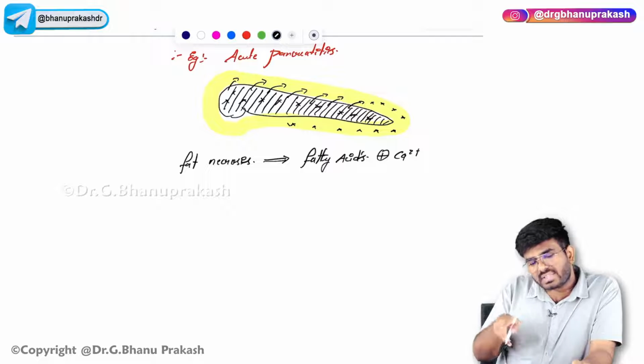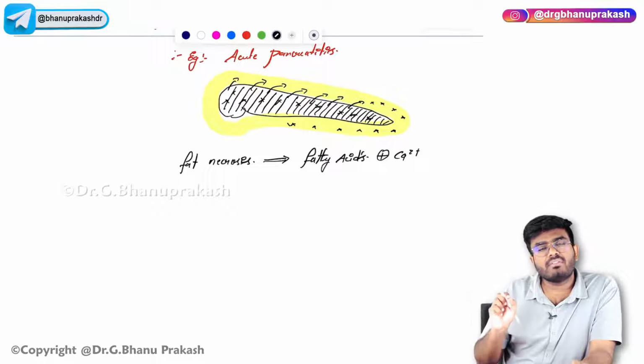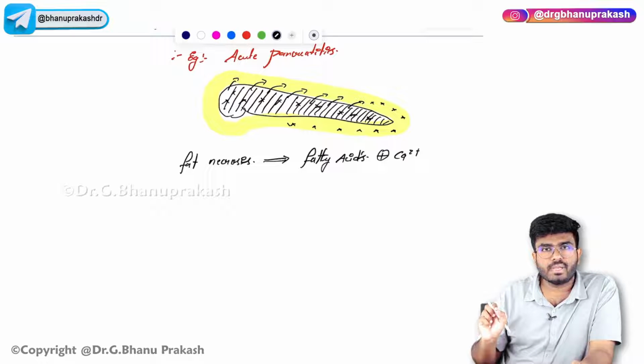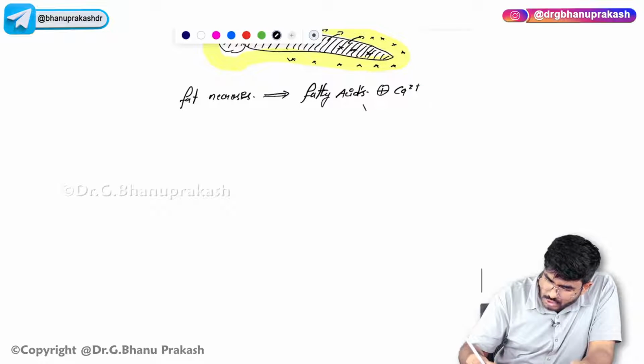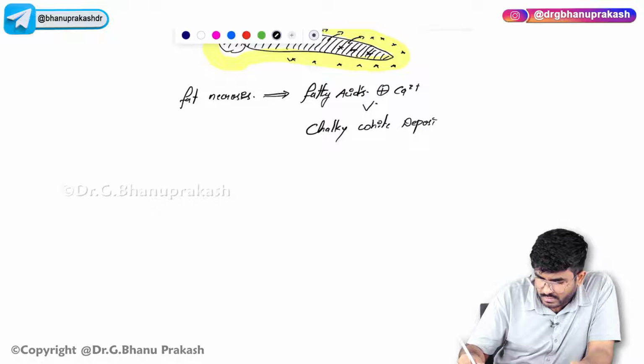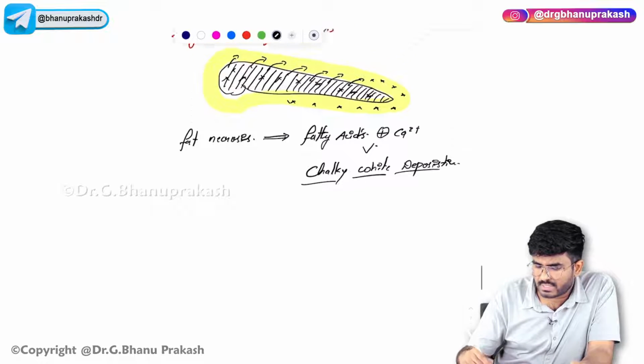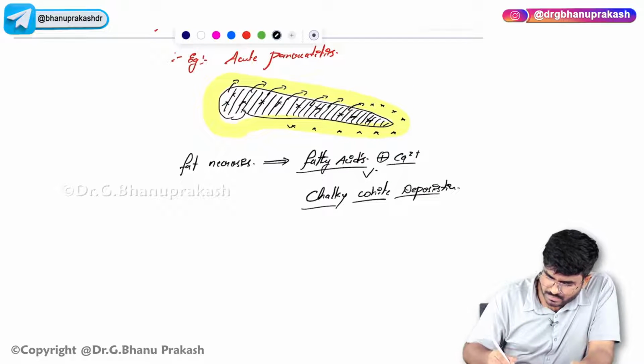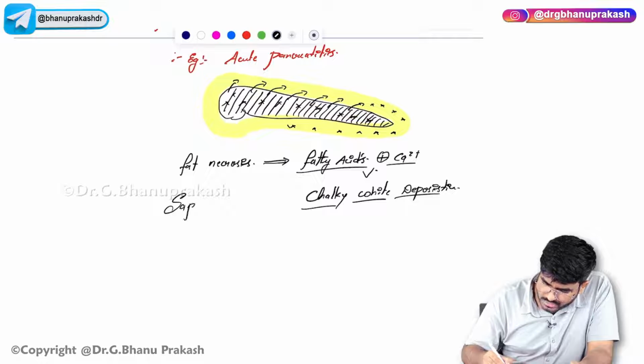So wherever there is fat necrosis, you can see chalky white depositions. Fatty acids binding with calcium, this process is called saponification.